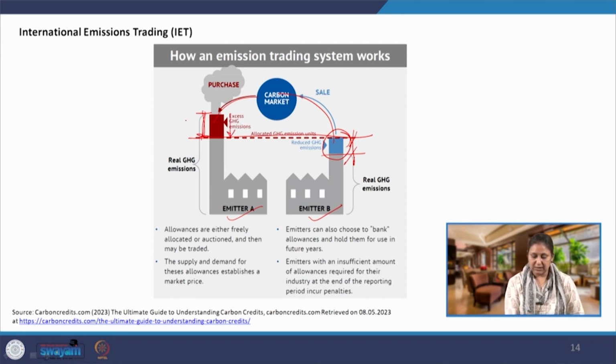Suppose this is an amount X and here it is an amount Y which is less than X. This emitter A will be able to reduce its emissions by purchasing the carbon credits. It will have to purchase the remaining amount Z from some other emitter or some other source where it can purchase the carbon credits and meet the mandate.